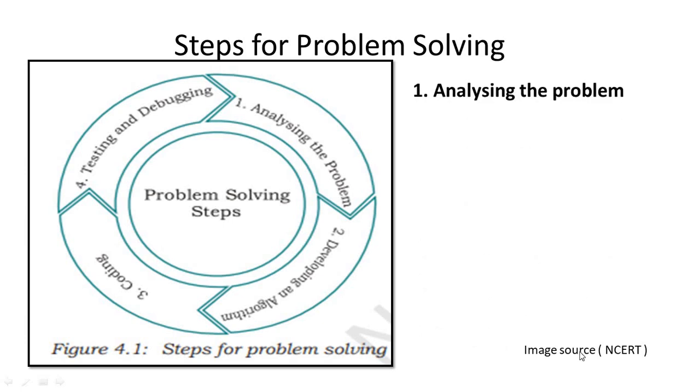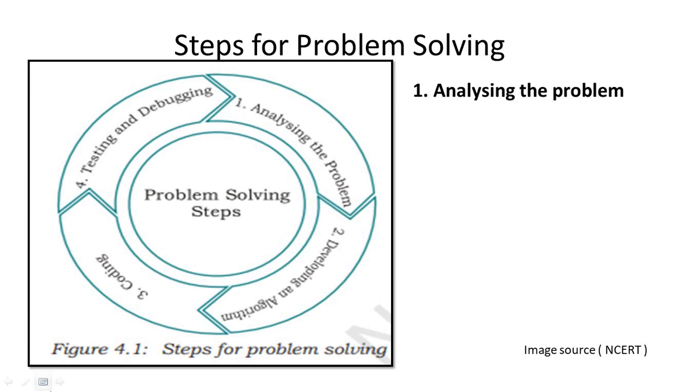Step number 1, analyzing the problem. It is important to clearly understand a problem before we begin to find a solution for it. If we are not clear as to what is to be solved, we may end up developing a program which may not solve our purpose. So understanding of the problem is very much essential.